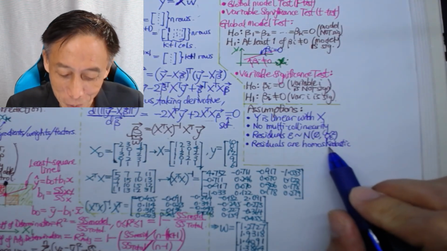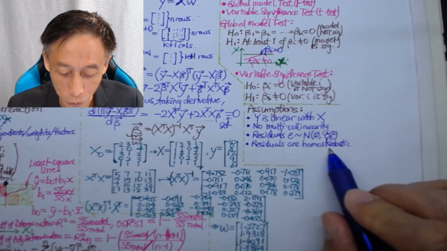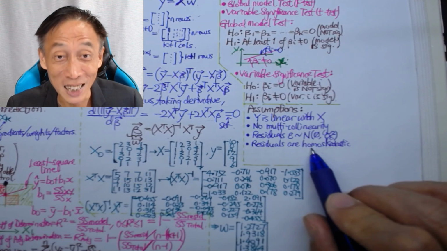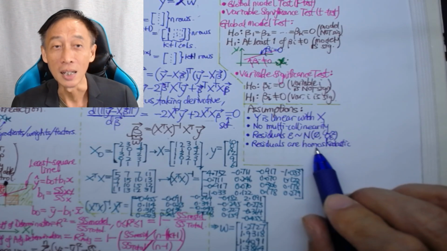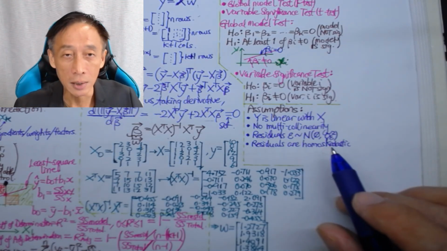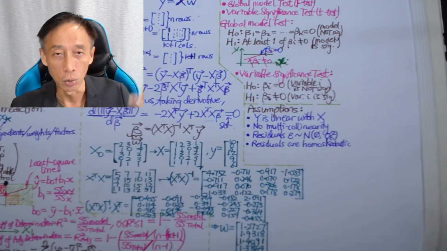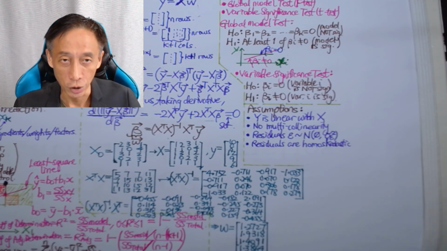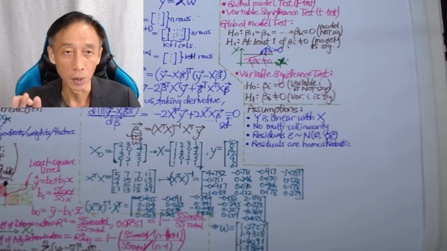Homoscedastic is just a bombastic word to say that the variance is homo. Homo means the same, so the variances are the same. Equal variance in some sense. As we gather the residuals, the residual variances don't change as we go from measurement to measurement.